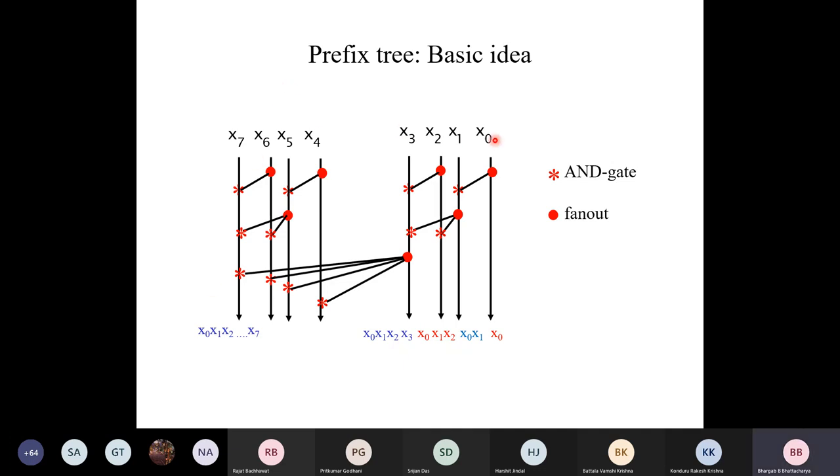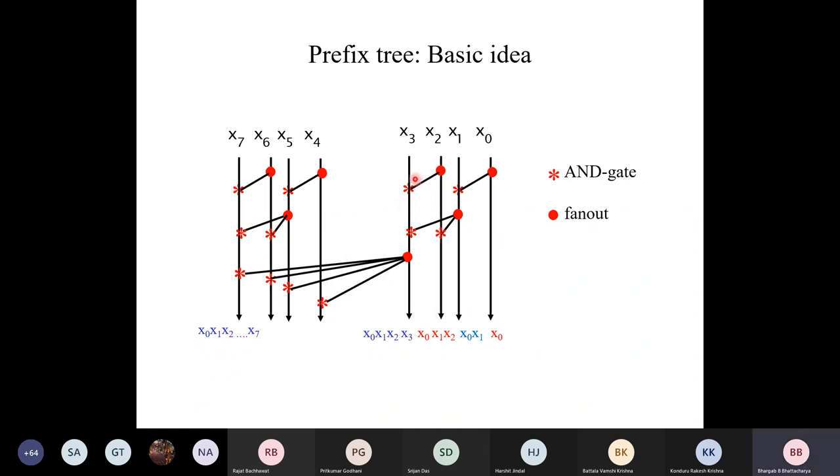So if my input space is now x0 to x7, then I can generate all these prefix terms, x0, then 01, then 012, up to 0127, right? And in this process, I have done certain operations, and these are my binary operations, which are represented as star.